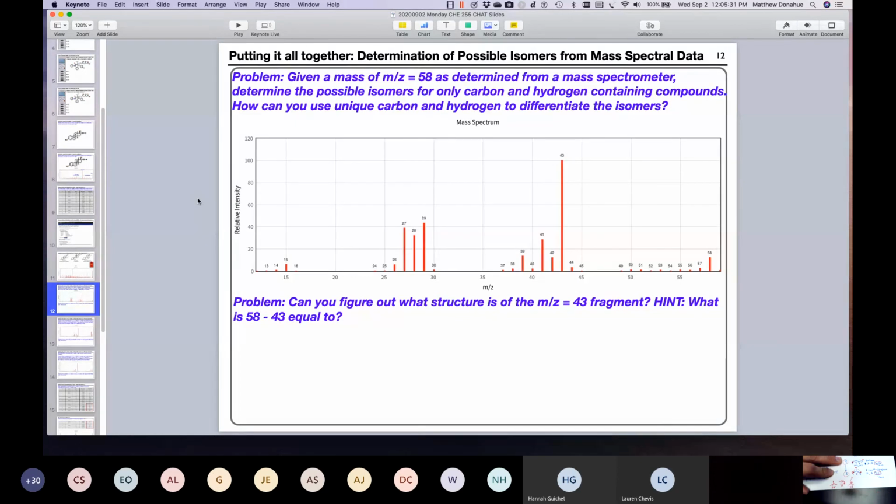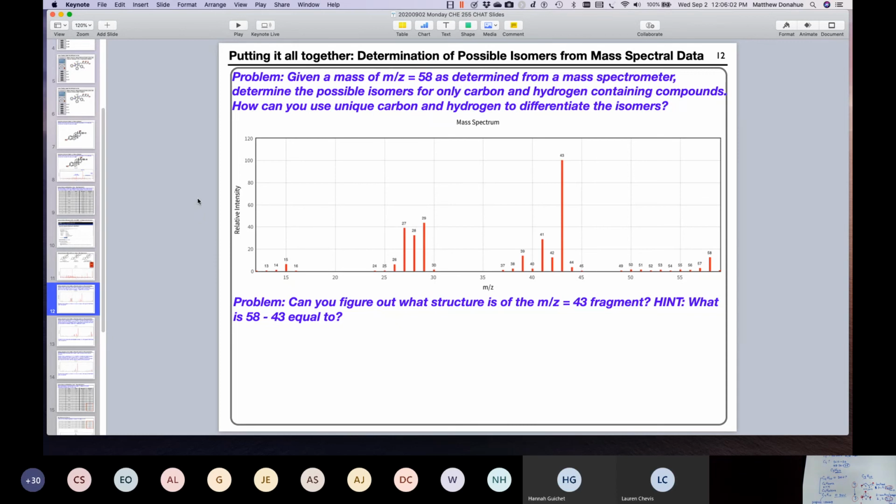That's telling you it's 100% abundant, meaning it forms the most when you run the experiment. Again, we'll do some more of these in the next chat, as well as getting into infrared spectroscopy.